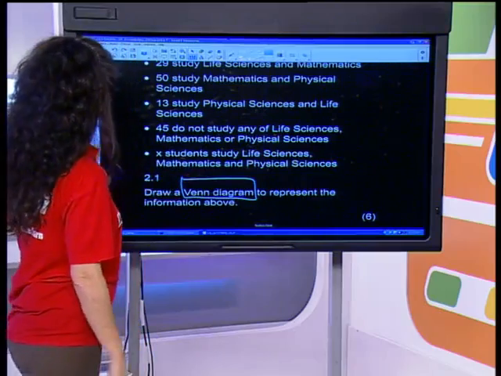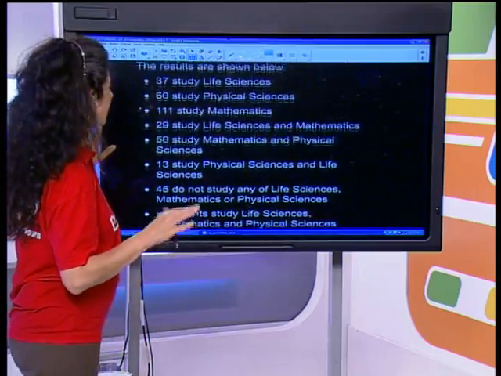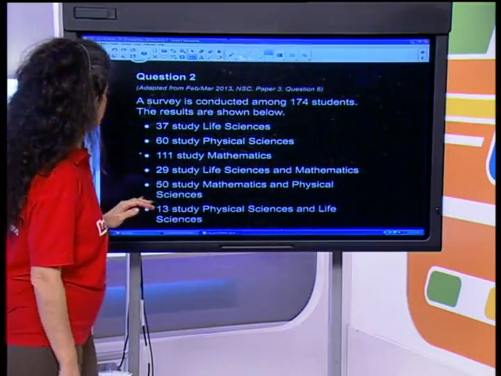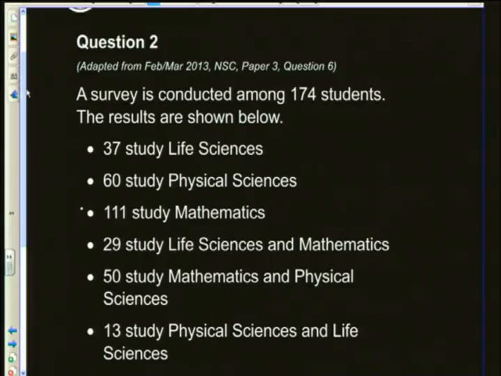So again, we read the problem 3 times. We have the context, 174 students are surveyed, and so many study life science, so many study physical science, so many study mathematics. So it looks like people were chosen and they were asked about, do they take life science, do they take physical science, and do they take maths?